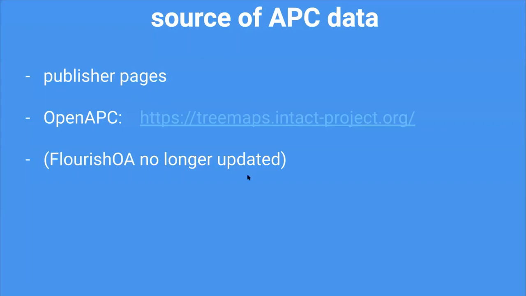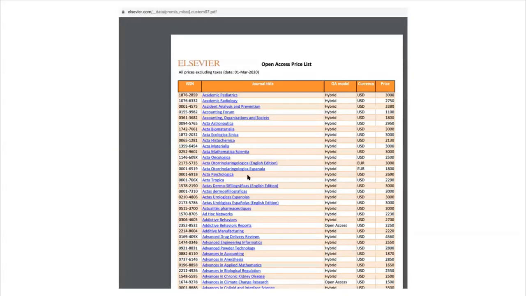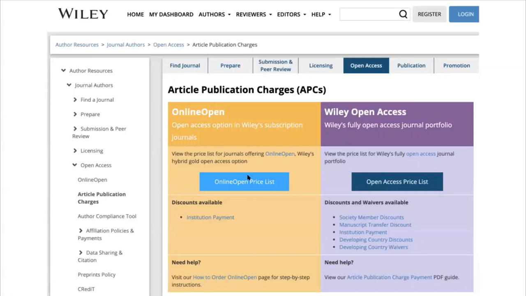So publisher pages, here's what it looks like on Elsevier's page, their open access price list. Here's what it looks like on Wiley's page. Now you can see on Wiley's page, it looks complicated. That's because it's complicated. Even getting the article publication charges directly from the publisher, it depends on a number of variables.